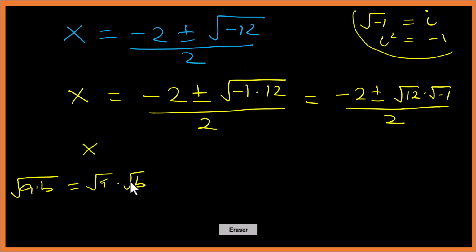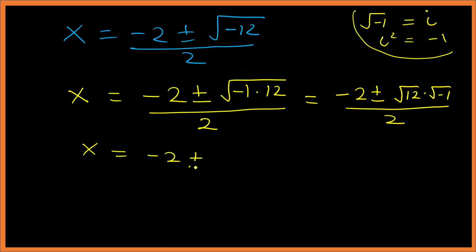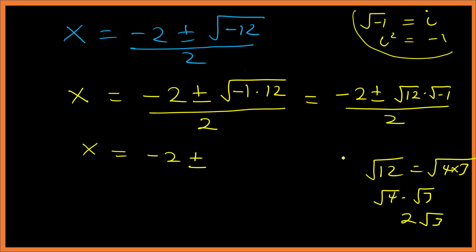So this side is the same as -2 plus or minus. So remember, square root of -1 is i, and we can still deal with this one because square root of 12 is the same as square root of 4 times 3. Now this one is a perfect square, so that will be 2 root 3.